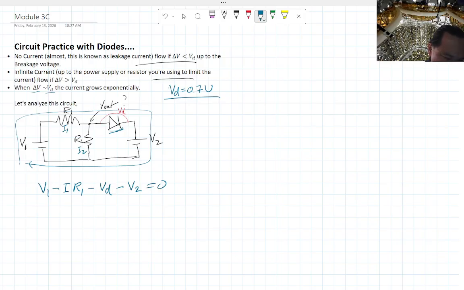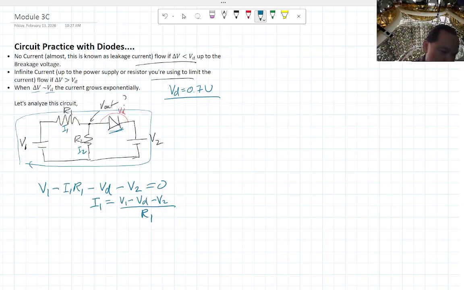In this case, it's actually pretty simple. We can solve this equation for I1. I1 equals V1 minus VD minus V2, all divided by R1.